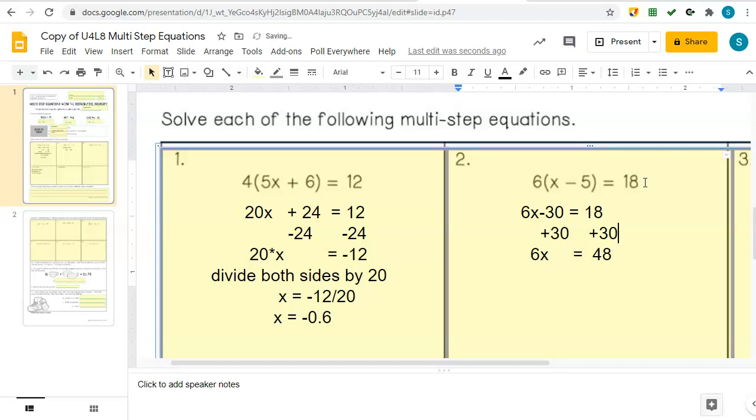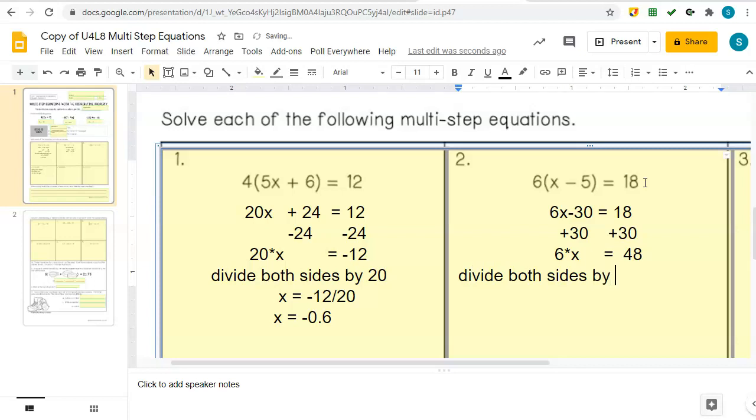Now, every time we have a letter next to a number, that's really a multiplication. So how do we get rid of that multiplication? Well, we divide. So we're going to divide both sides by 6. And we're going to get x equals 8.